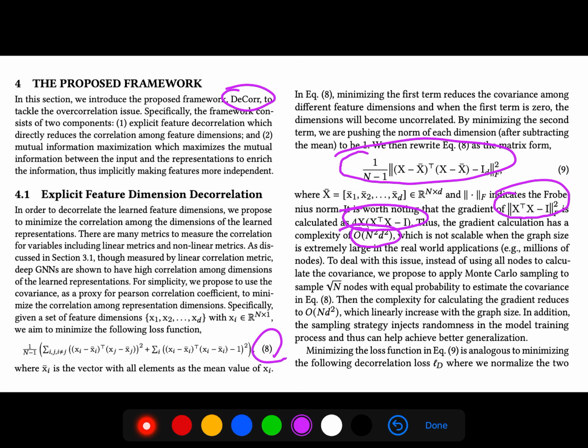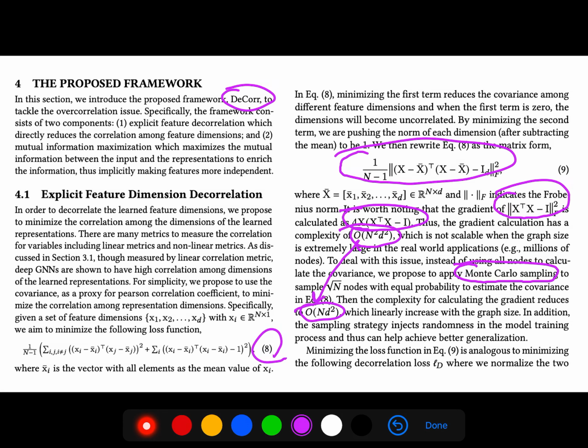To deal with this issue, instead of using all nodes to calculate the covariance, we propose to apply Monte Carlo sampling to just sample root n nodes with equal probability to estimate the covariance. Then the complexity of calculating the gradient reduces to just order of n d squared.